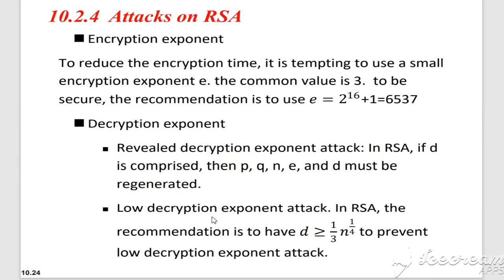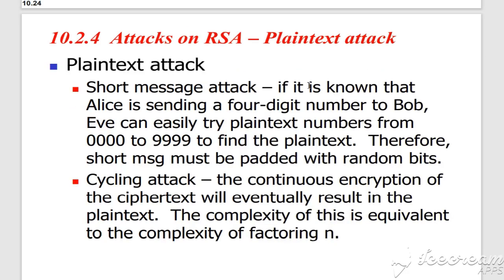So the recommendation is that d should be at least 1/3 n to the power 1/4, so that we can prevent the low decryption exponent attack.